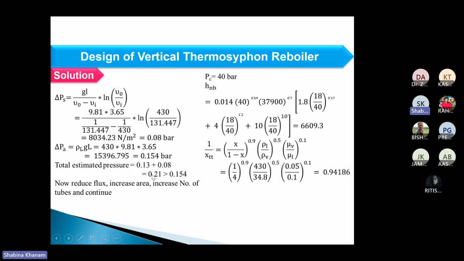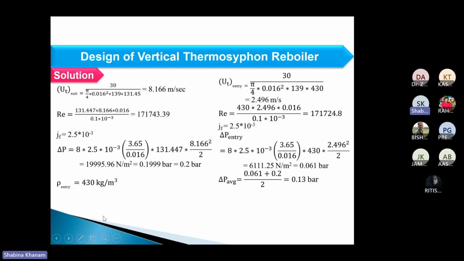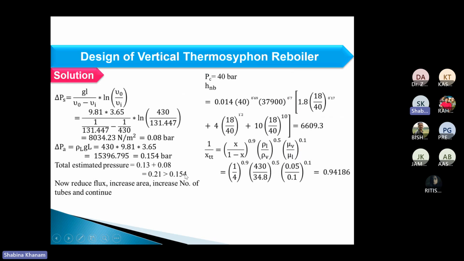In this case, 0.21 is much more than 0.15, so you may reduce the flux by 5,000, from 37,900. Maybe by 5,000, 6,000, or 7,000, because the difference is more.